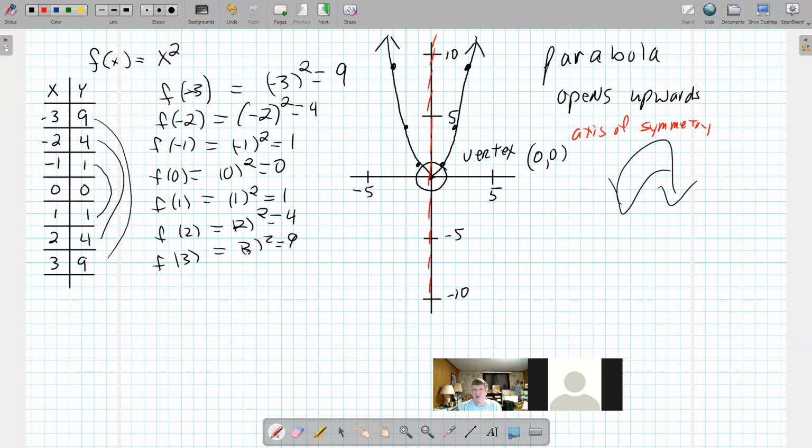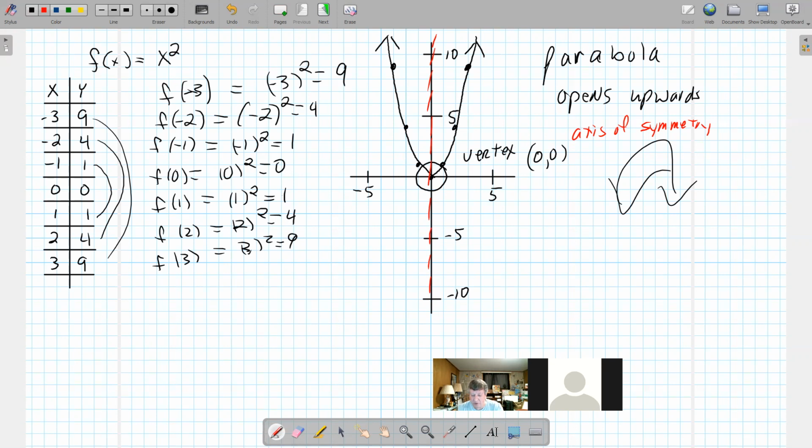Now, it's not called the axis of symmetry because it's the y-axis. It's called the axis of symmetry because if you look at it, it's kind of the folding line. If you took everything on the right side and folded it along that dotted line, it would match what's on the left side of the parabola.